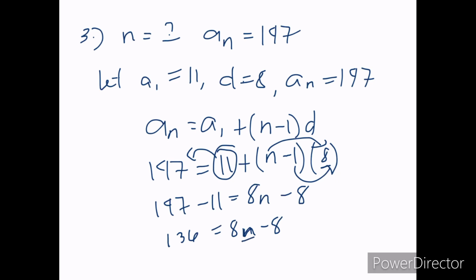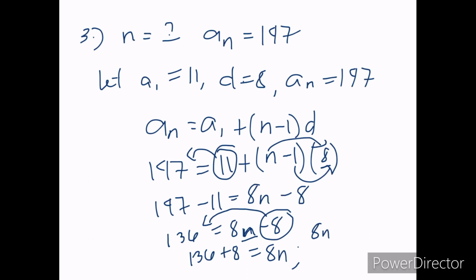Again, we are looking for the n. So this, we are going to transpose it here. We have 136 plus 8 is equal to 8n.